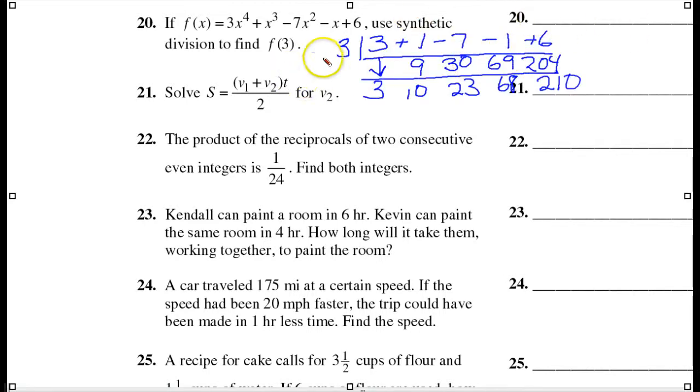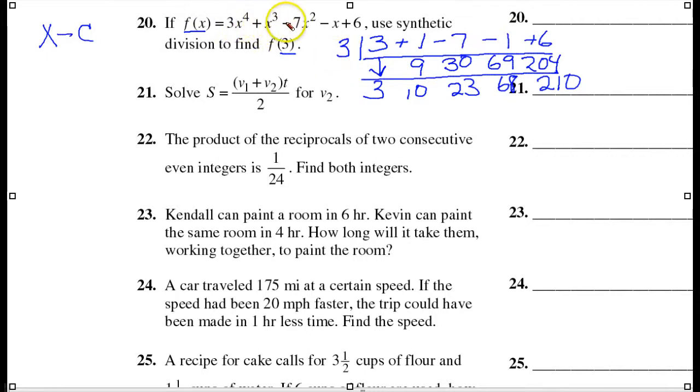Now here, this one is a function problem where they're asking us to use synthetic division to find when our divisor, remember it was x minus c, is going to be a 3. So we put the 3 there for synthetic division.